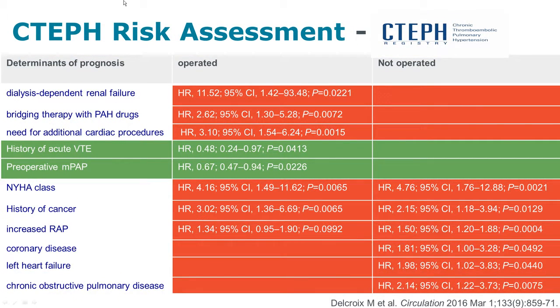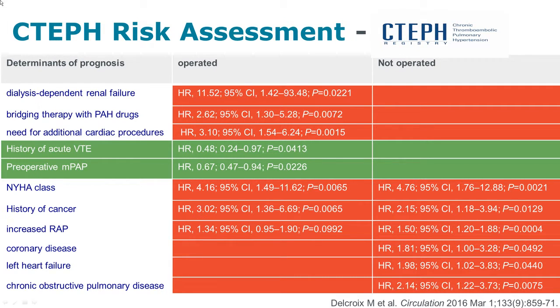And based on the work of the CTEPH Association and on the outcome data that have been summarized by Marion Delcroix, there are even more factors that have to be brought in, such as the ones highlighted in green, which are conditions that diminish the risk: a history of VTE and preoperative mean pulmonary artery pressure.